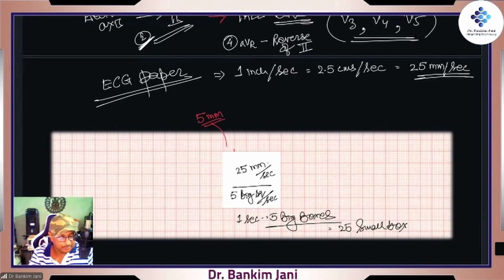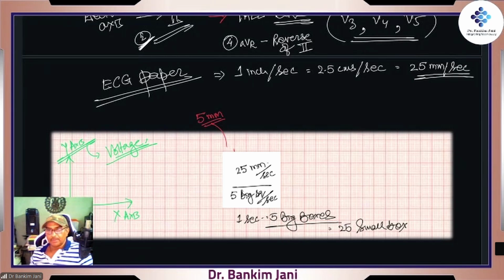There is the y-axis and this is the x-axis. On the x-axis it is the speed, but the y-axis is for voltage. When we say voltage, then our electrical voltage is 220 volts, right? 220 volts which we talk about.